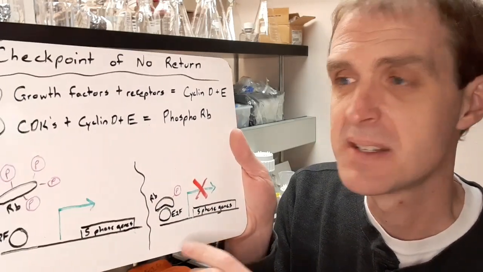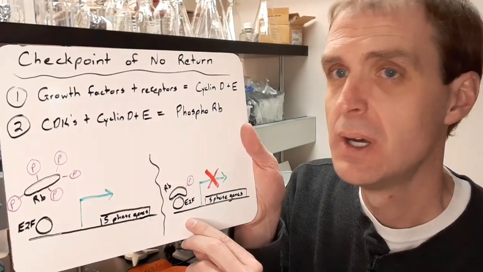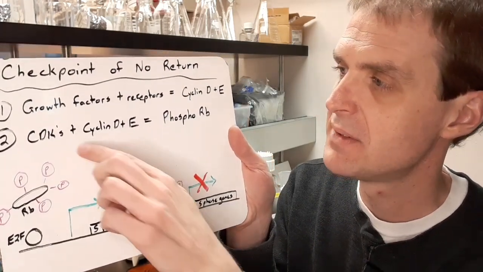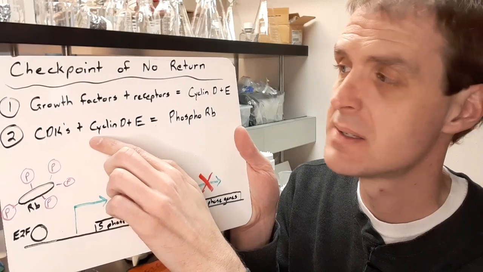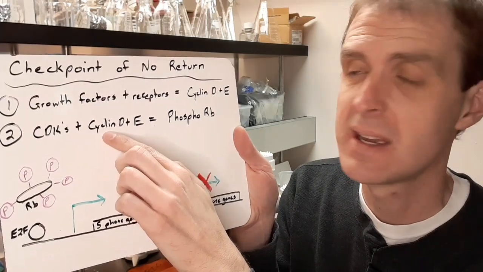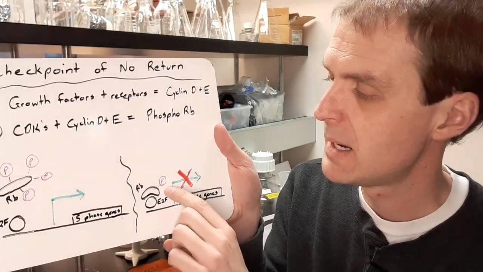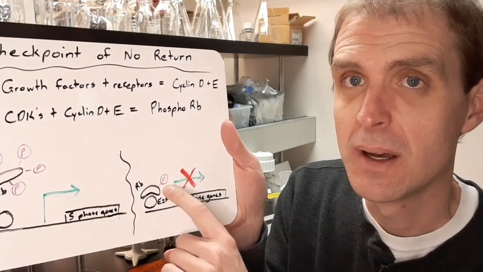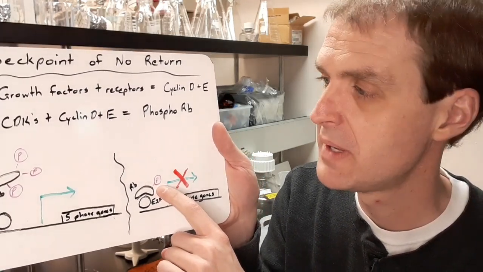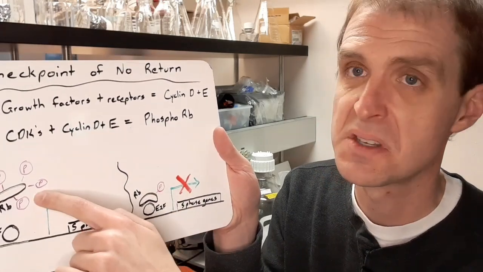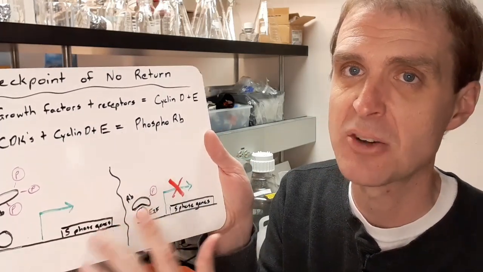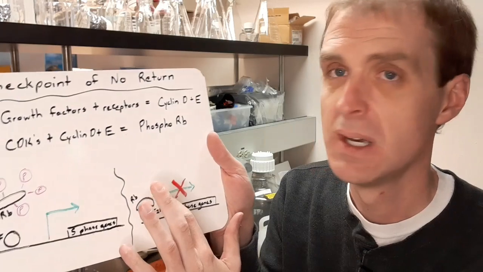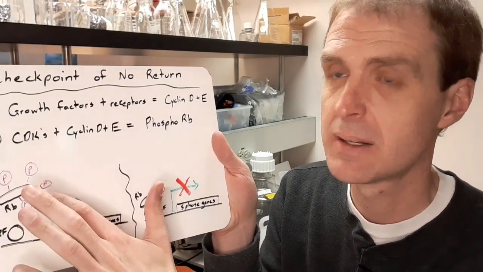In contrast, if you do not have active cyclin-dependent kinases because they're not bound with the cyclins, you will end up with an RB protein that only has a low level of phosphorylation events. So I drew 1 phosphate here versus 5, and that might not be the actual numbers, but the idea is only a few versus a lot.